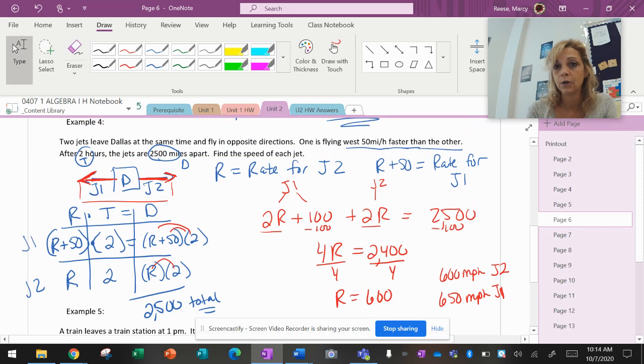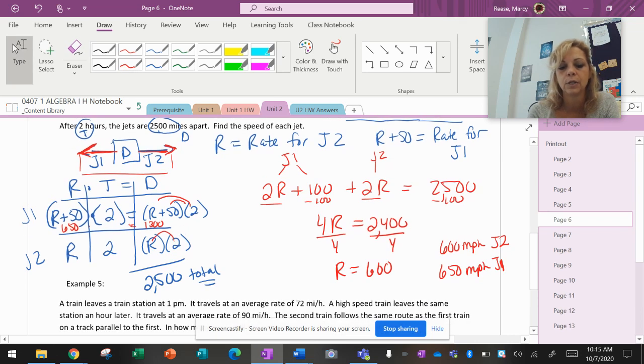Now I could go back here and test it. So let's go back to jet 1. If we said this was 650 miles per hour, times 2, that would give me 1,300 miles. So 650 times 2 hours, that one jet alone is now 1,300 miles away from Dallas.